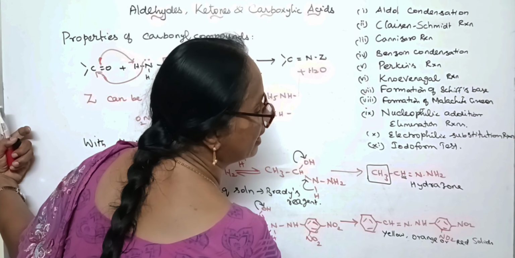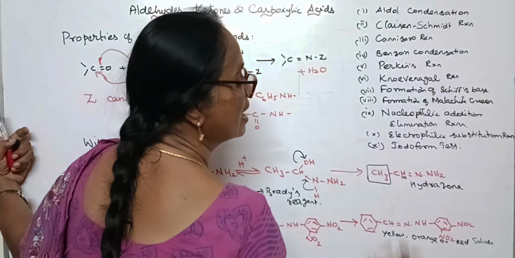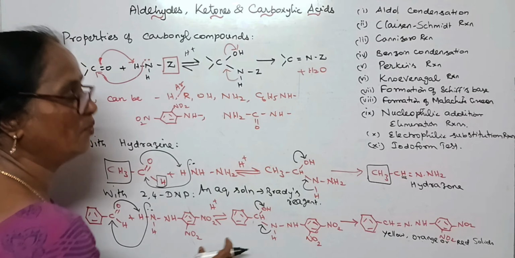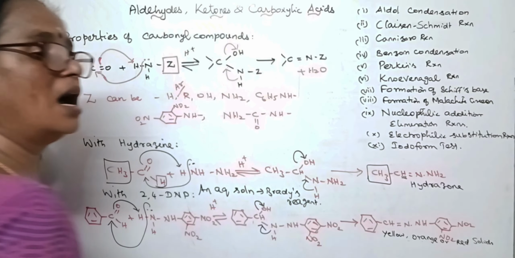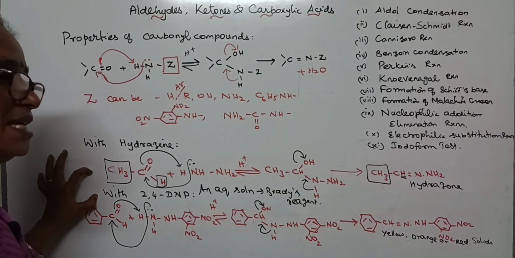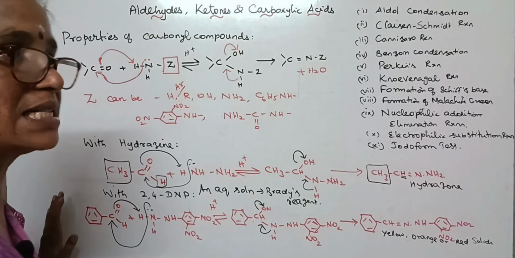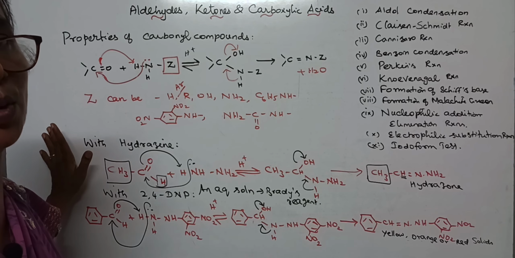So we are getting 2,4-dinitrophenylhydrazone. The name will be phenylhydrazone. So this 2,4-DNP test is useful for the detection of the presence of a carbonyl group in a given compound.